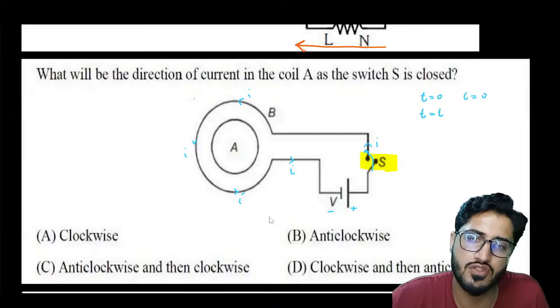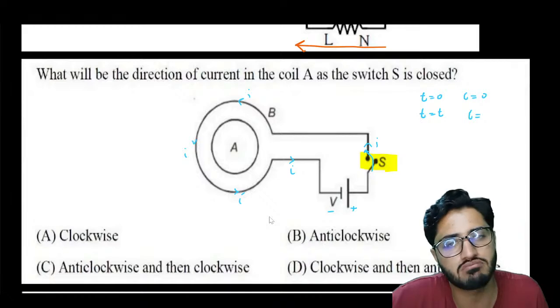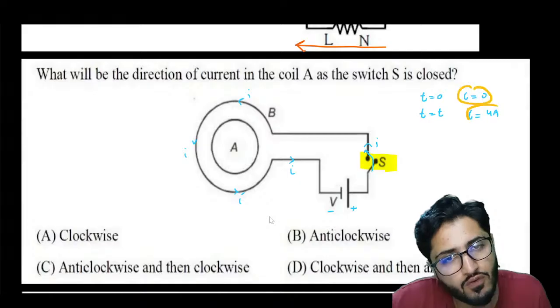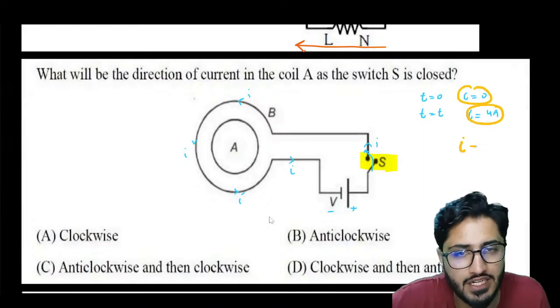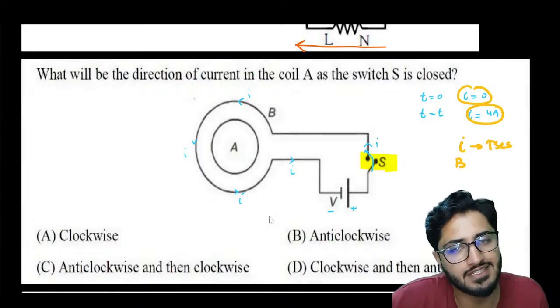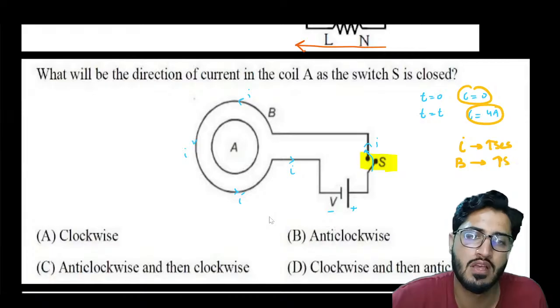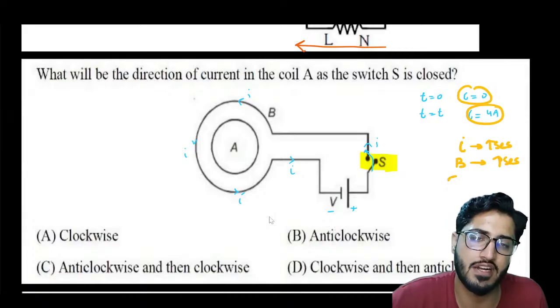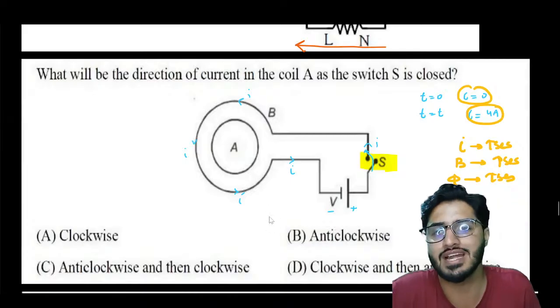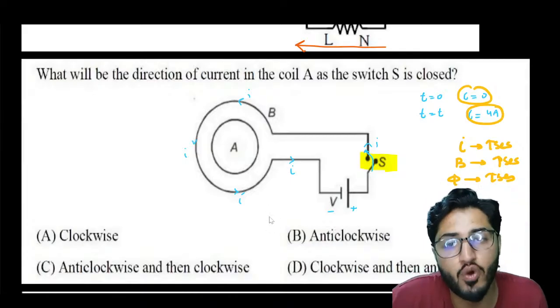At t equals t, current is, let us suppose, 4 ampere. Current goes from 0 ampere to 4 ampere. That means current increases. If current increases, that simply indicates B increases. If B increases, phi increases. If phi increases, we know by Lenz's law, it should be opposite to it.